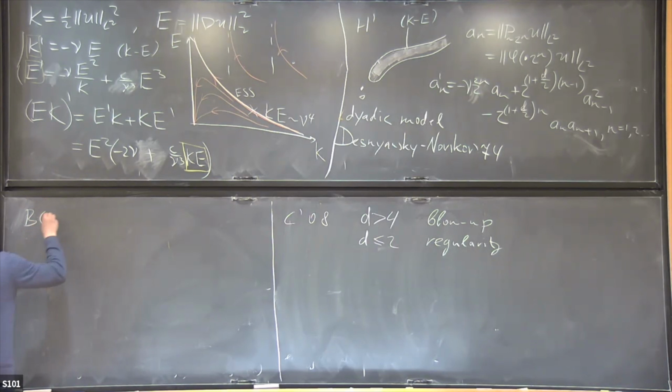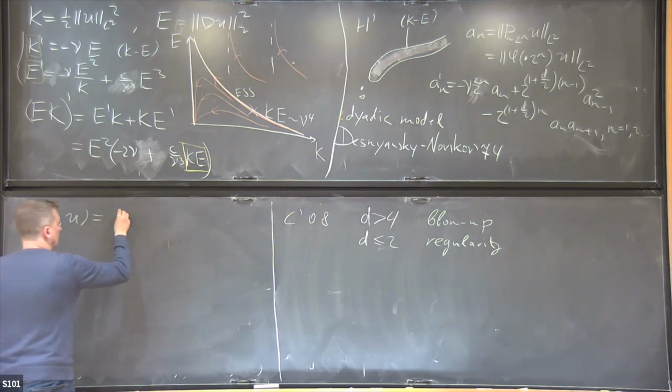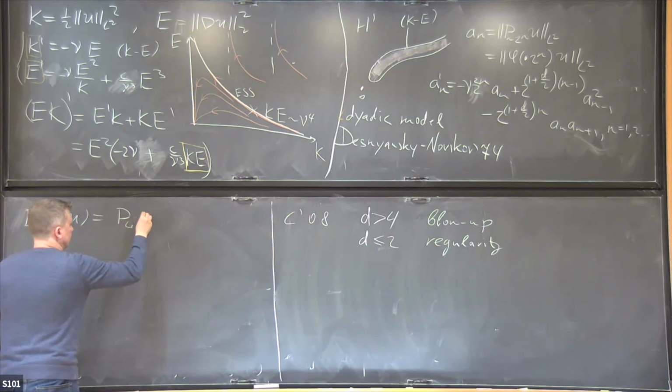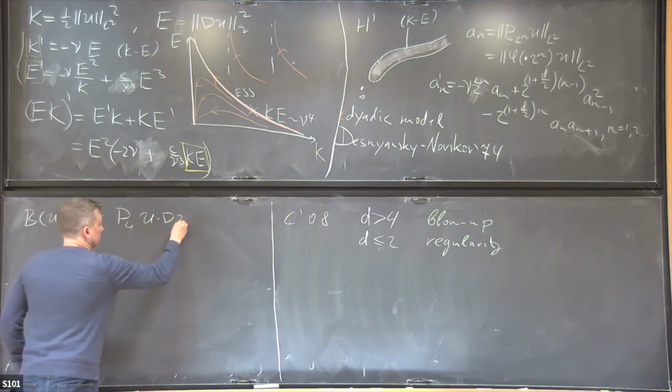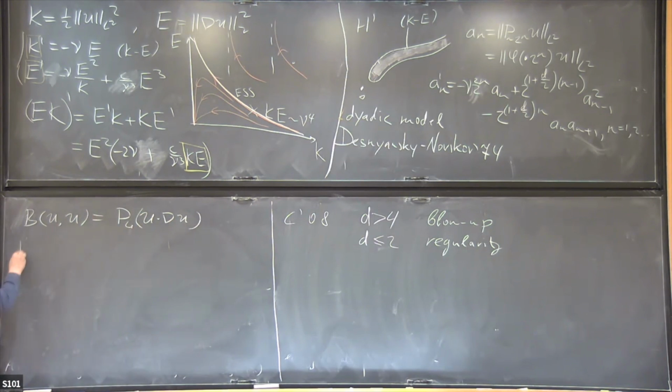Now we can modify the bilinear form. The bilinear form B(u) is just the Leray projection to the divergence free vector fields of u dot gradient u. Now if you modify it in the following way, it's similar to what Tao did. I'll explain his results as well.